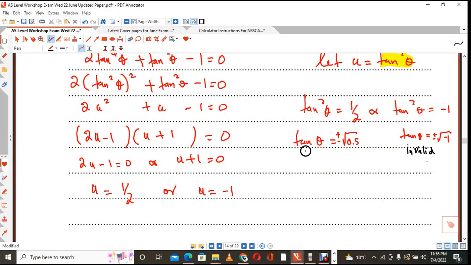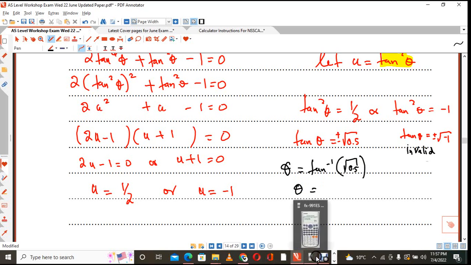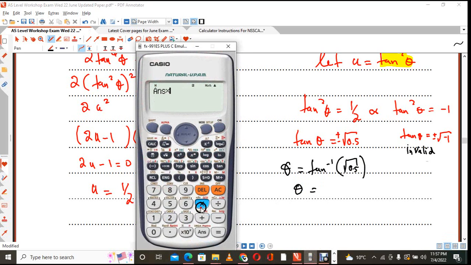So I'm only going to work with the one that is defined, and the one that is defined would be the tangent of this particular answer. So that gives me theta to be arctan, or inverse tangent, of the root 0.5. I'm using the positive one to find my acute basic angle, and everything is in degrees, so make sure that your calculator is in degree mode.